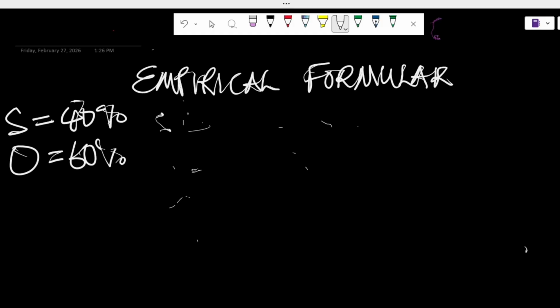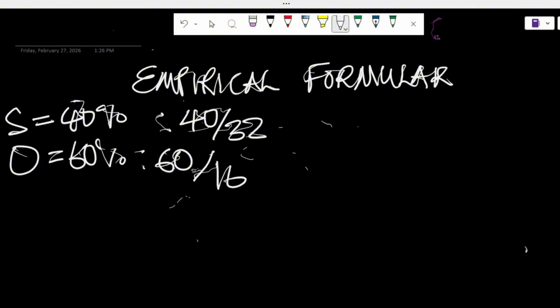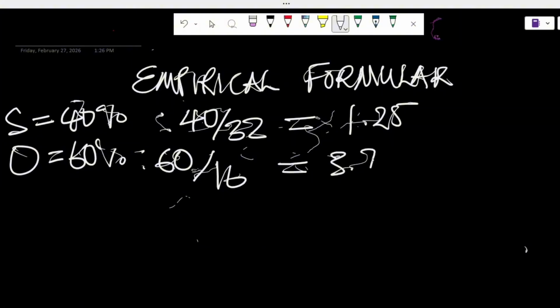So, if you're trying to find the moles here, you're going to have 40 over 32, because 32 is the relative molecular mass of sulfur. You're going to do the same for oxygen. Here you have 60%, which is going to be considered 60 grams, and then this is over 16. So this is going to give you 1.25 moles for sulfur, and you're going to have 3.75 moles for oxygen.